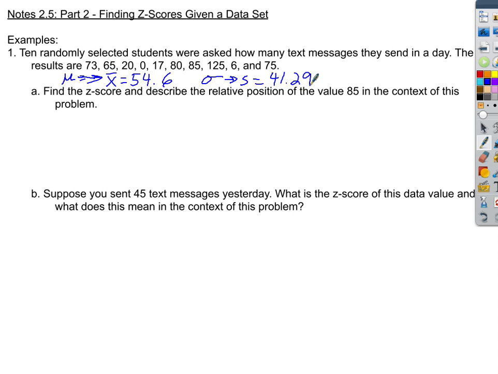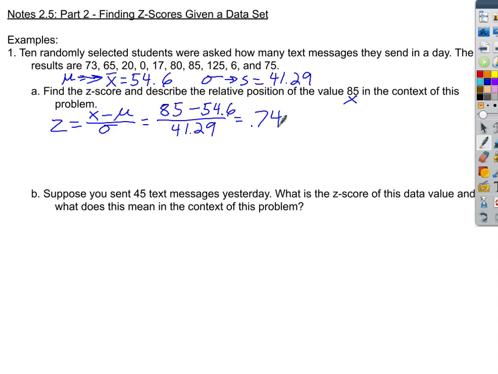So if we want to find the z-score and describe the relative position of the value 85 in the context of the problem, our data value is going to be 85. So set up the z-score formula, x minus mu, all divided by sigma. Right, substituting our values in, we have 85 minus 54.6 divided by 41.29, and that gives us a z-score of 0.74.